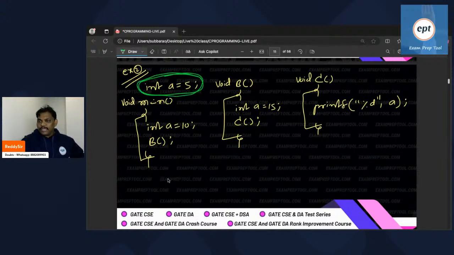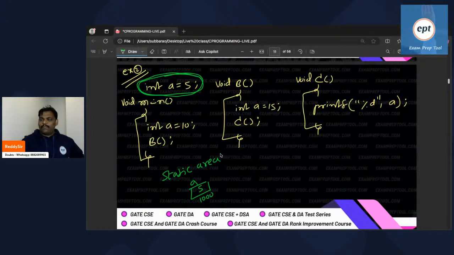Which area? Static area. Let us assume that this is the static area in the memory. Memory is allocated for the variable A. A is 5, address 1000. Global variable memory will be allocated in the static area at compile time itself.